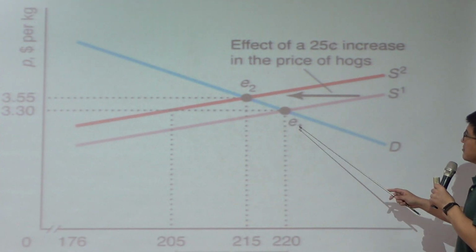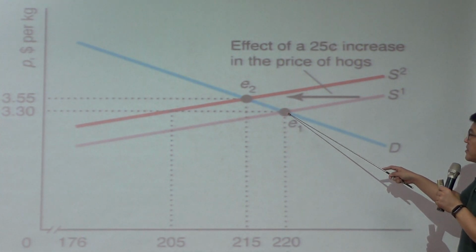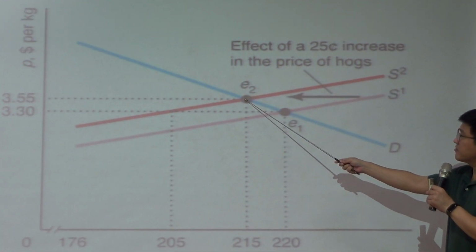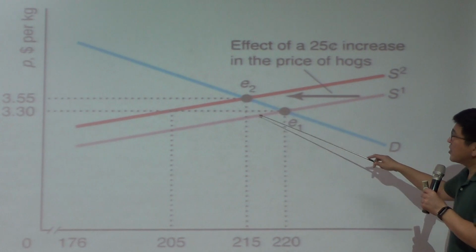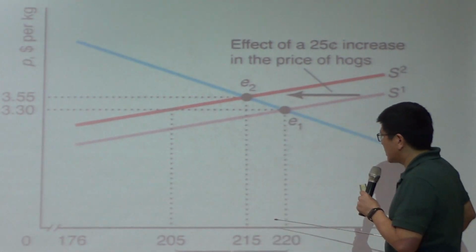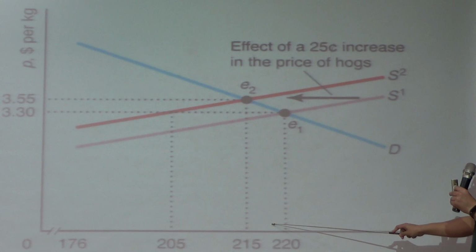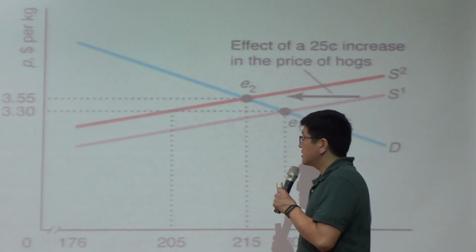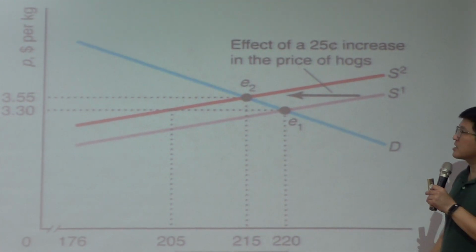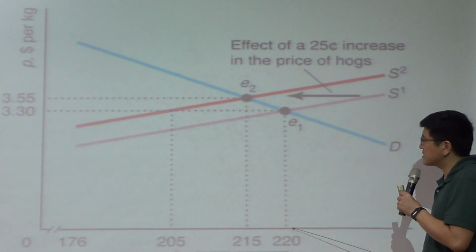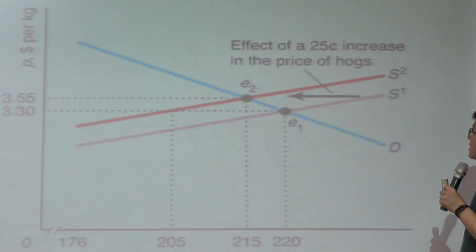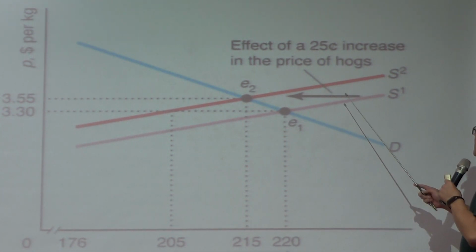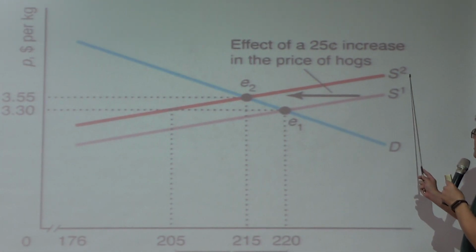Then state number 1, this is the equilibrium for condition 1, and the new equilibrium for condition 2. So the price goes up and the quantity goes down. So this kind of change, the increase in price or the decrease in quantity, is actually a result, an outcome of the change in supply.